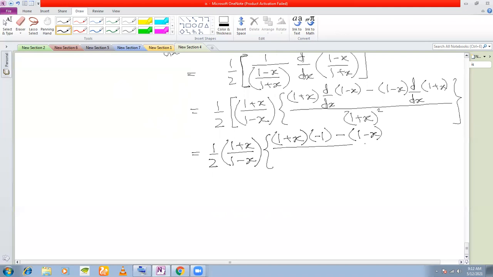It remains like that, divided by (1 plus x) whole square.